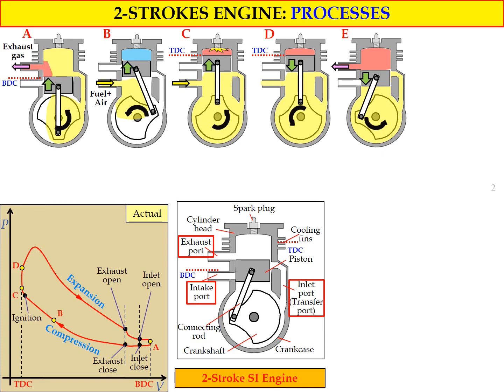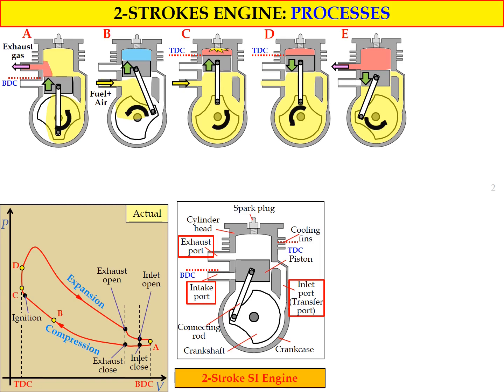At this point, we can see that the exhaust port opens, while the inlet port and the intake port are still closed. So now the combustion product or exhaust gas will release to the surrounding through the exhaust port.